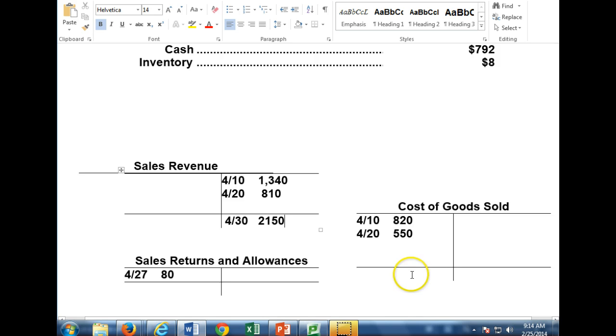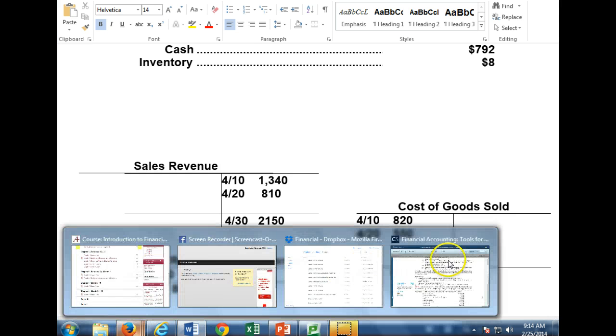Cost of goods sold is how much? 1,370. Sales returns and allowances. $80.